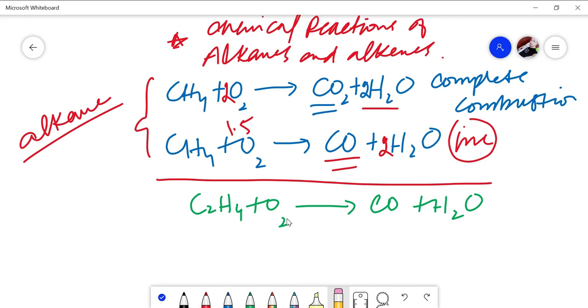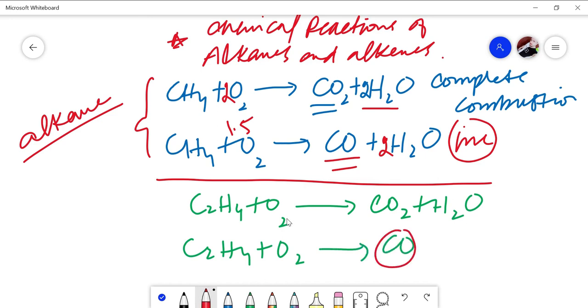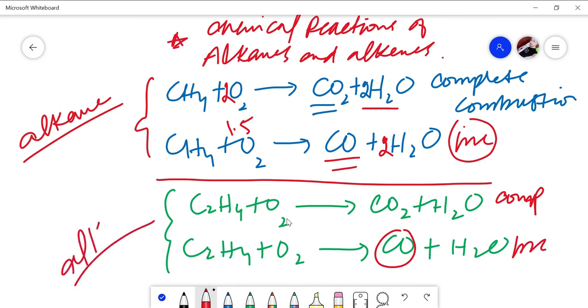For the complete one, it will generate carbon dioxide, and for the incomplete, the same one will be generating carbon monoxide and water. This is complete, and this one is incomplete. These two equations are for alkenes.